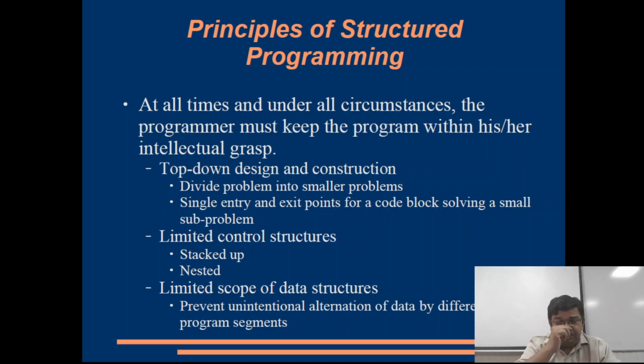It should not be possible. And then make use of limited control structures; too many complex structures again obscure the flow of logic. You do not really keep pace with too many control structures.